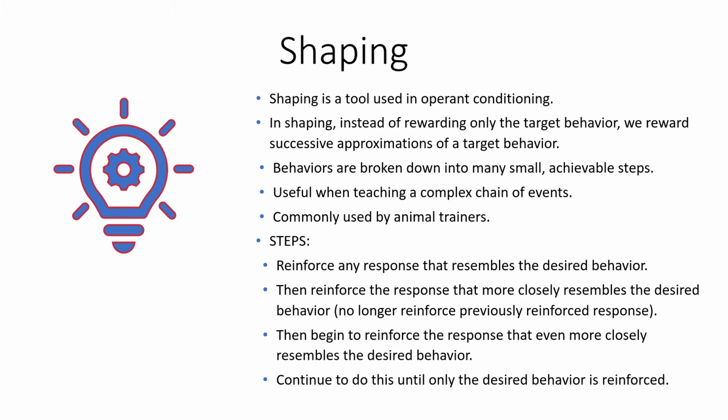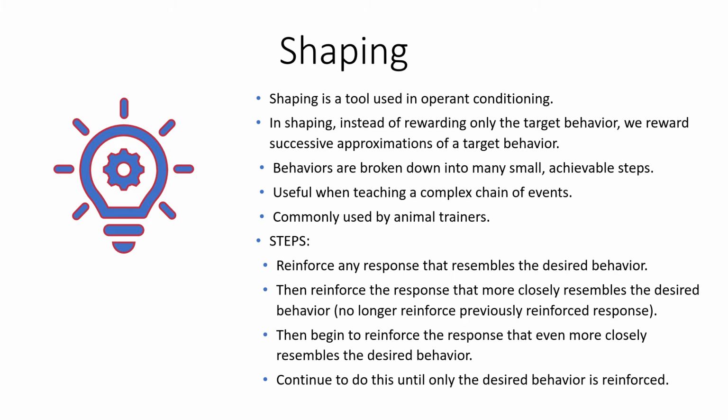First, you reinforce any response that resembles the desired behavior. So in the case of the dog, trying to shape them to ride a bike, you're going to start off by reinforcing any response that resembles the desired behavior. So maybe the dog starts putting its paw on the pedal, like it starts just kind of tapping its paw on it. You reinforce that.